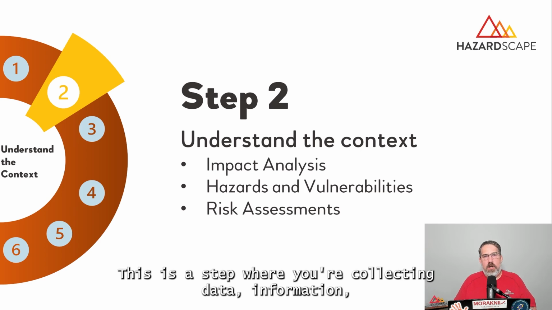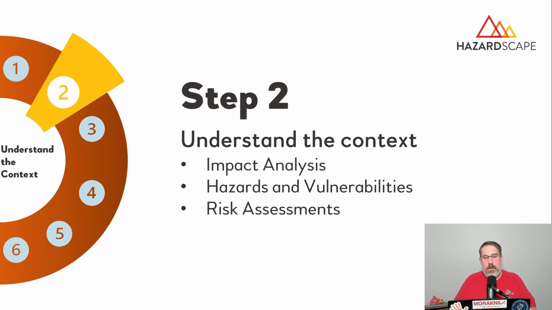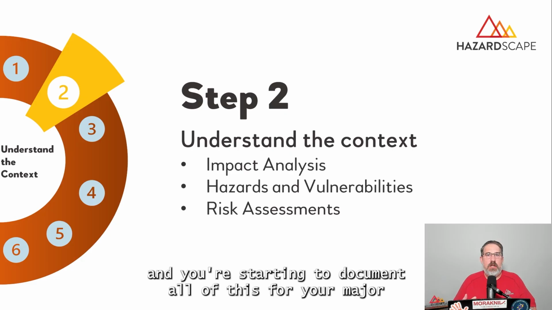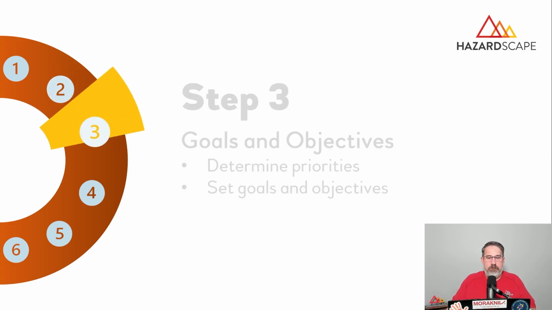This is a step where you're collecting data, information, existing mitigation plans, existing mitigation maps, and you're starting to document all of this for your major risk assessment, which is going to inform your future steps.